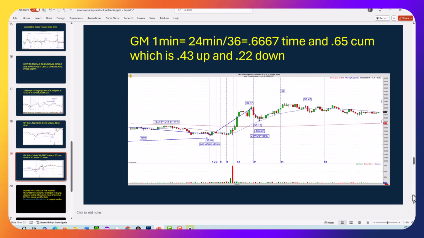Now I'm showing you this because this is really how markets work. I've seen so many videos and so many teachings over the years on how to do circles and angles on charts, but the problem is most of us don't have that software, so we can't actually pull it off.